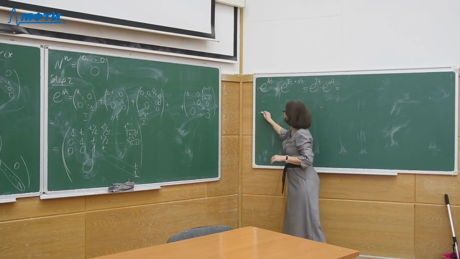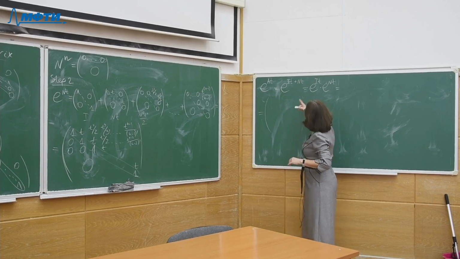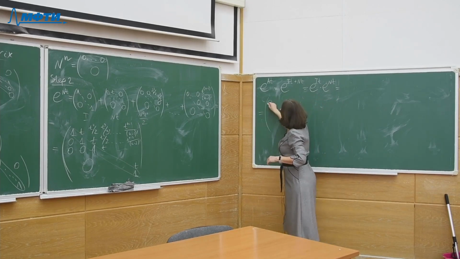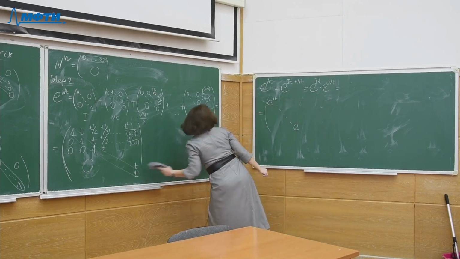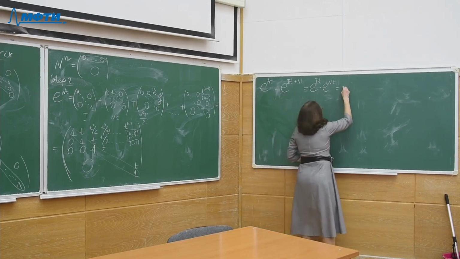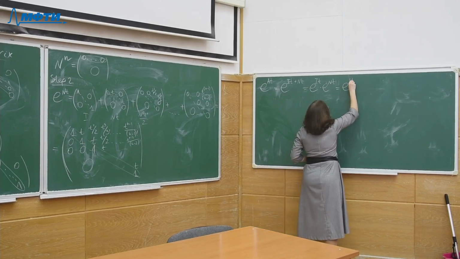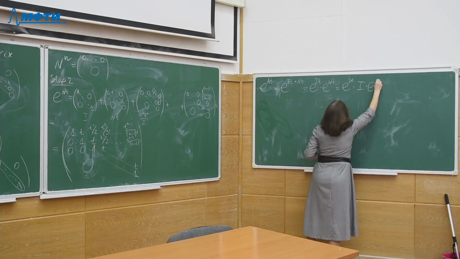And this is reduced to the multiplication. What is e to the power λIt? It is e to the power λt. So I think it's better to represent this as the number e to the power λt times the identity matrix times e to the power Nt.